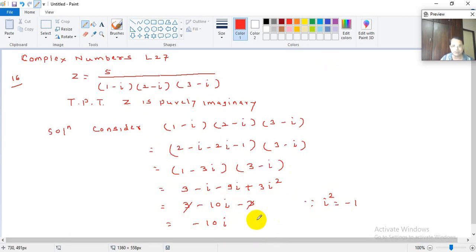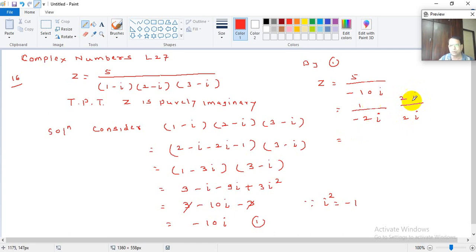So suppose this is result 1. So by 1, what is z now? It is 5 upon minus 10i. So that becomes 1 upon minus 2i. Okay, so now I can multiply this by 2i again, 2i, and divide by 2i.